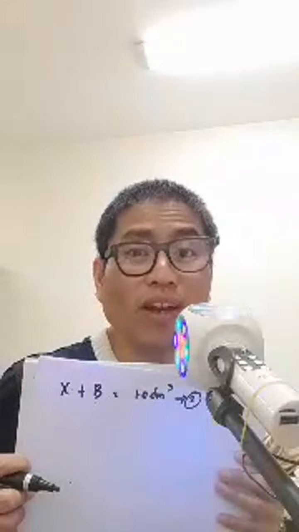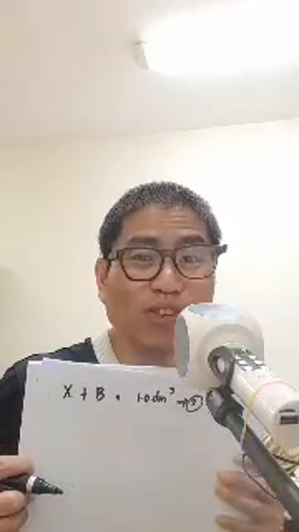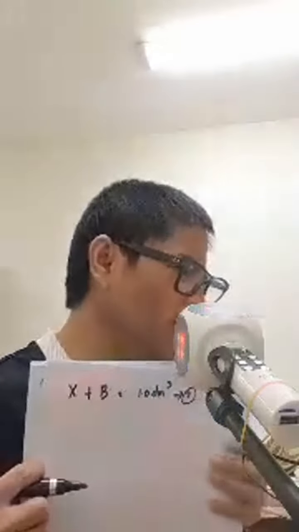So X plus B is equals to 1 cubic decimeter. And 1 cubic decimeter is our total volume of aqueous solution or aqueous mixture of chloromethane, trichloromethane, and water. Okay? It's gonna be like that.